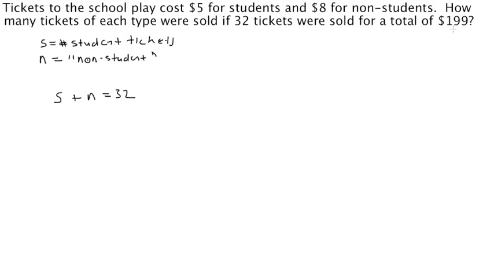Next, we know we raised a total of $199. Given that student tickets cost $5 and non-student tickets cost $8, we can conclude that 5 times S plus 8 times N equals 199. So notice we have a system of two equations here.